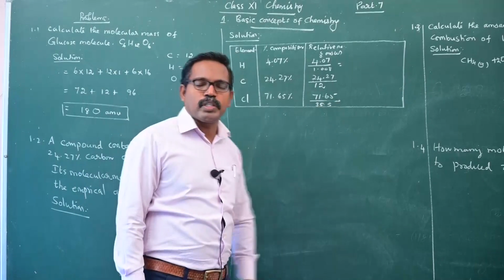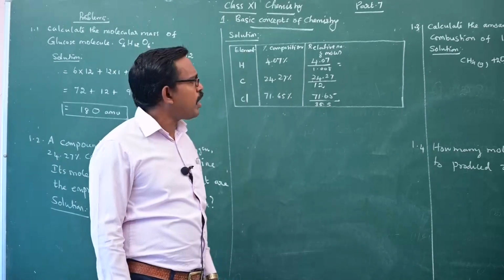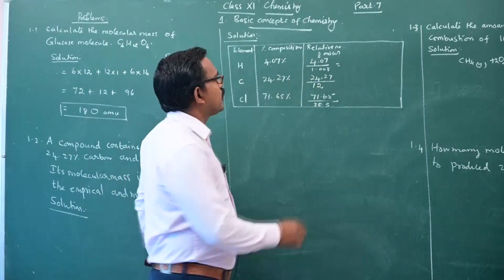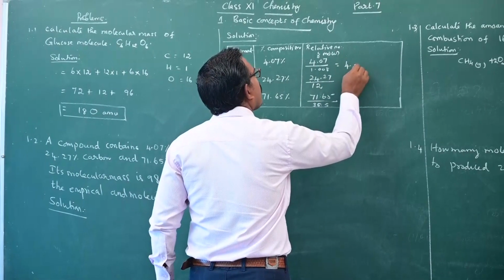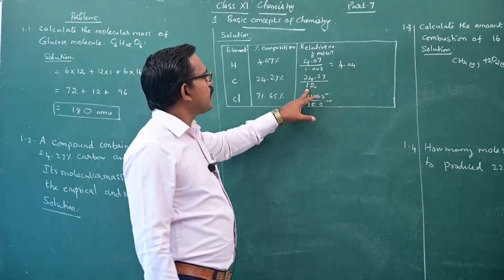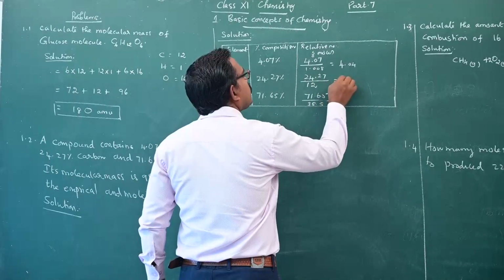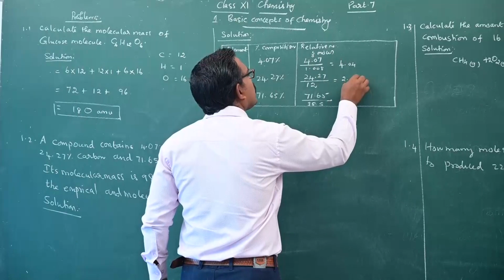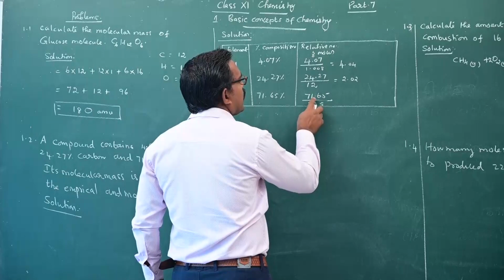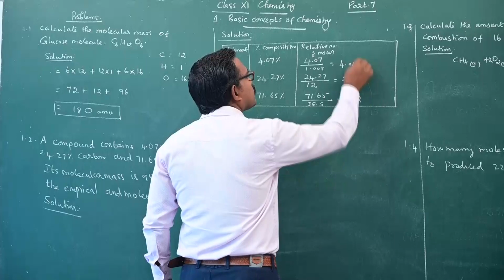Now we are taking approximate values. 4 divided by 1 gives approximately 4.04. 24.27 divided by 12 is approximately 2.02. 71 divided by 35 also gives 2.02.